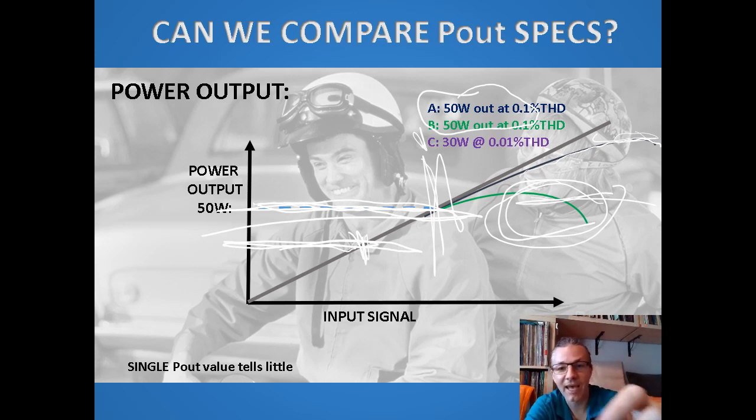You get an amp which is maybe specified at 50 watts at 1% distortion. Look at it at 5 watts, and you will see that it has 0.01% THD at that level.